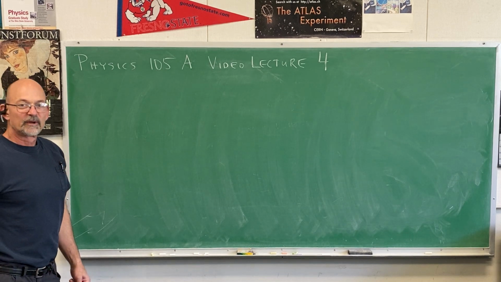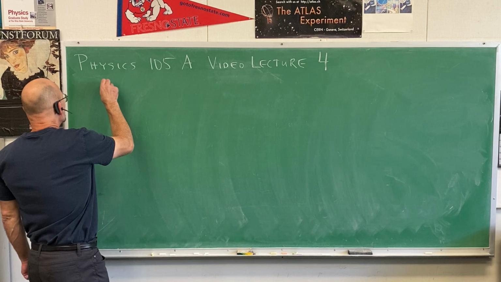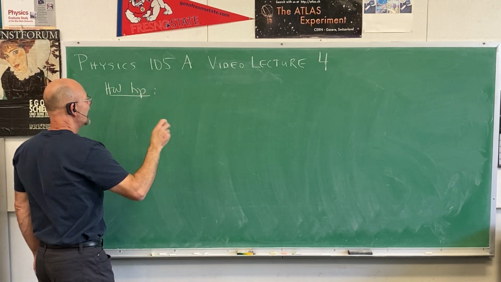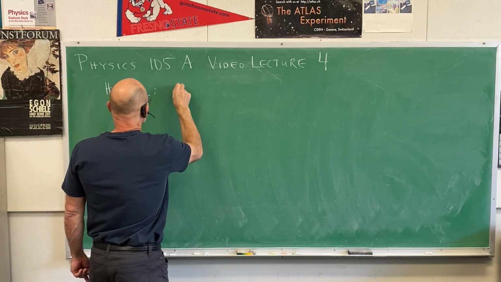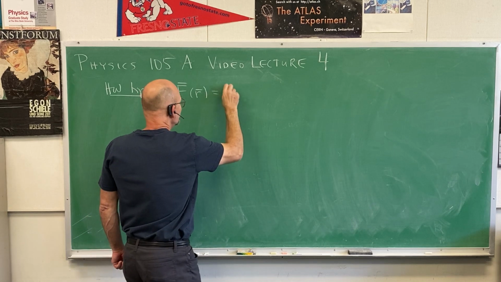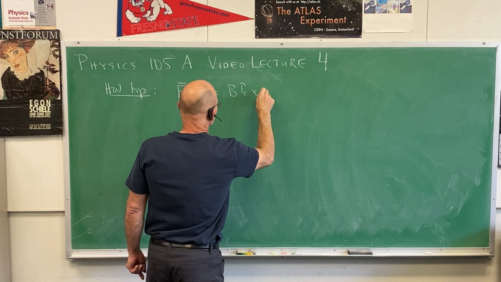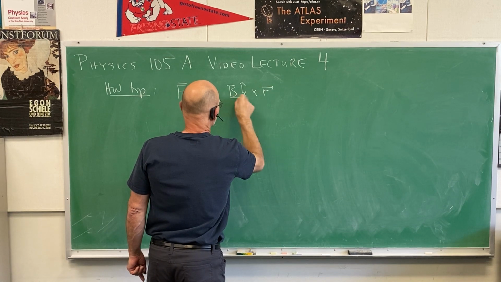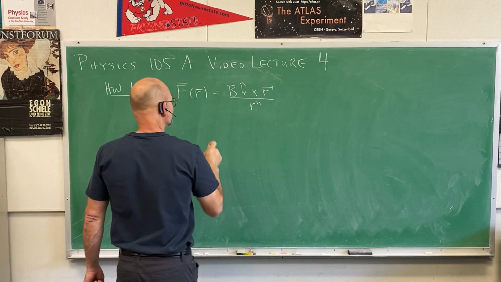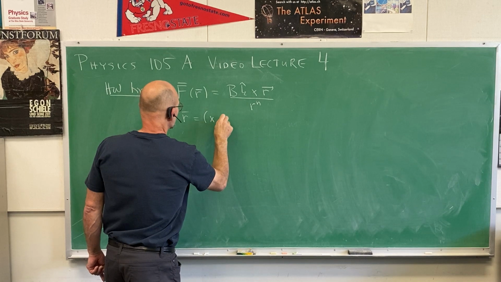I'm going to start with an announcement about the homework I put up last time. Homework tip: we had F of R equals B k hat cross R divided by R to the n, and we were just looking at the X and Y component.